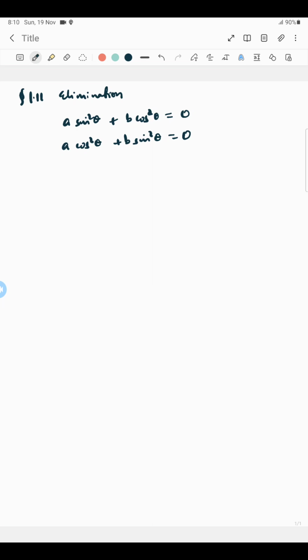So if we were to add these two equations, so, this is not going to work.